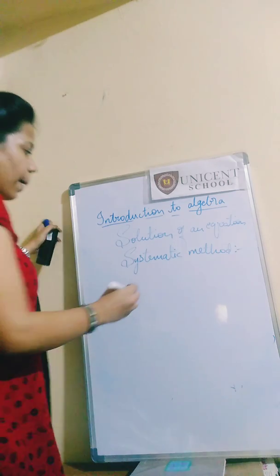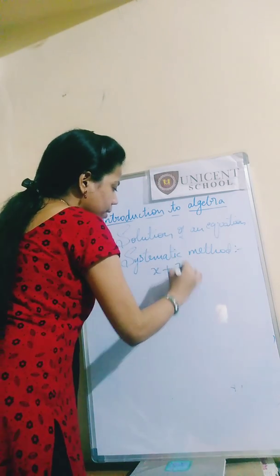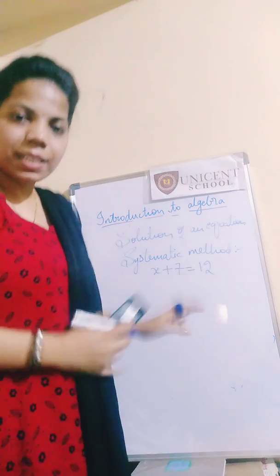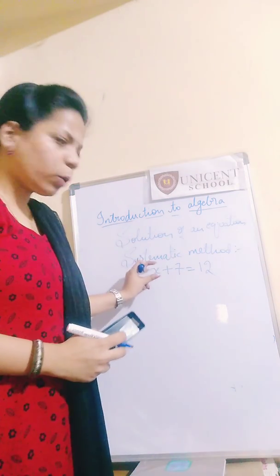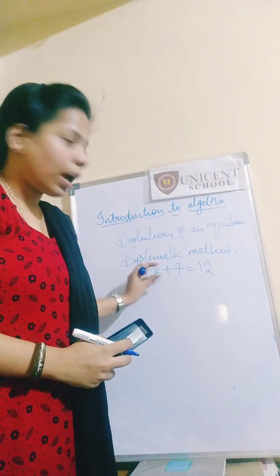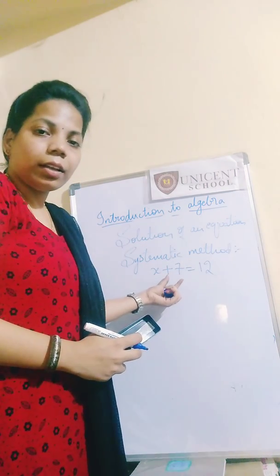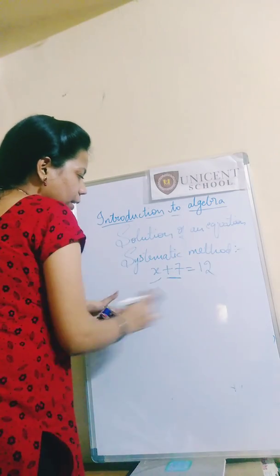I'll take an example. x plus 7 is equal to 12. So in the systematic method, we want to find the value of x, right? So we need to isolate x. And we have to check what are the other operations involved in this equation. Here, other than x, we have plus 7 in LHS.